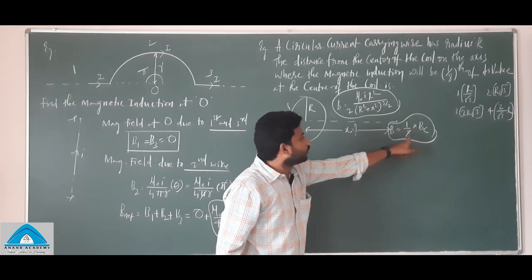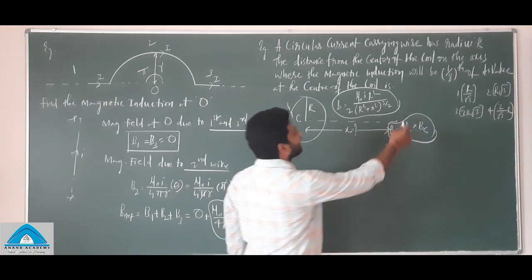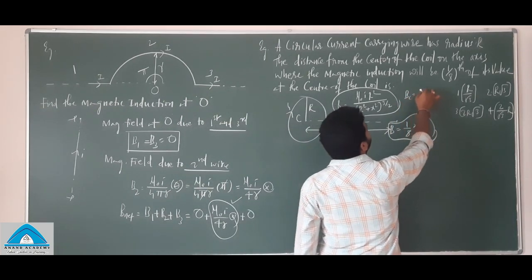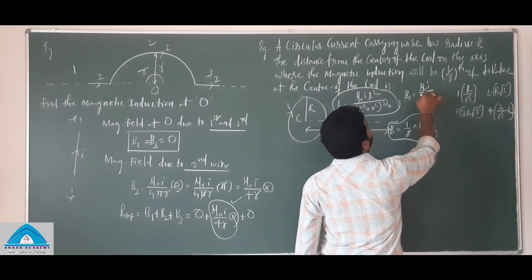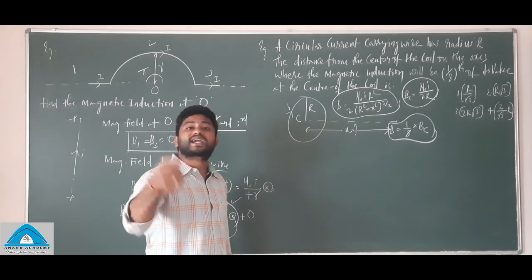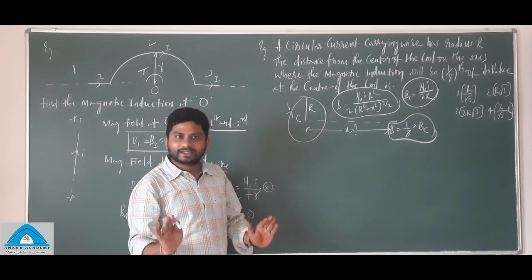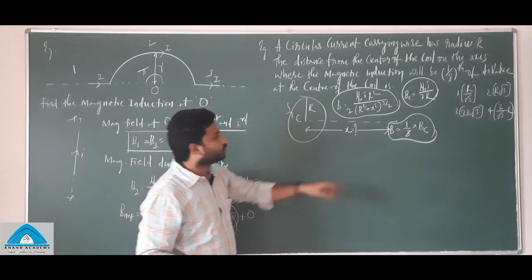1 by 8 into magnetic field at the center of the circular coil. You know what is the magnetic field at the center of the circular coil? It's mu naught I by 2r, where r is the radius of the circular coil. I hope you could recollect this too. Okay, clear? Now let's come back to this one.